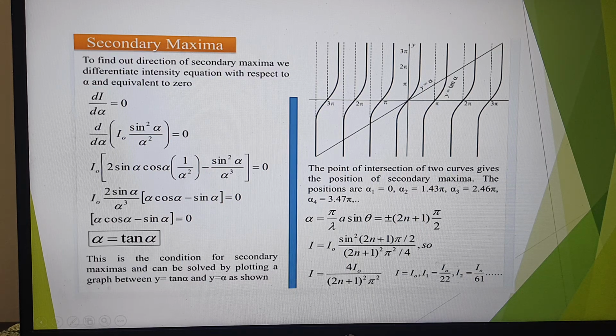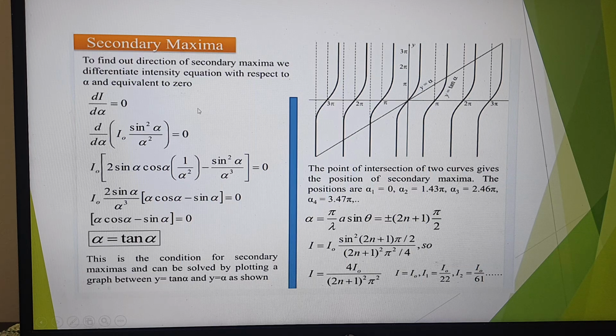These are the intersection points, the cross-cutting points. We are considering y equal to alpha, and where it cuts the line, we are representing y equal to tan alpha.